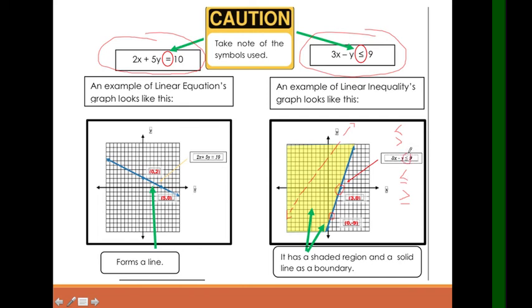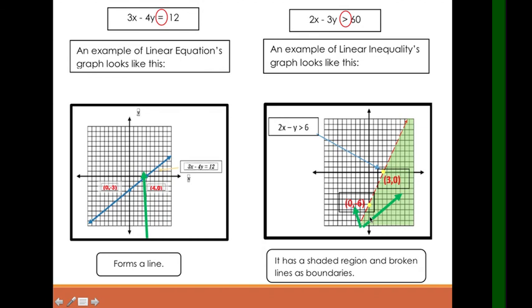Kung nakikita ninyo, doon sa ating symbol. Okay. And finally, shaded yung kanyang region. Since ang ating given dito ay less than or equal to 9, less than, ibig sabihin, going to the left. So, yung kanyang shaded is going to the left. Pag greater than, going to the right ang kanyang shaded part. So, yun ang pinagkaiba ng linear equation and linear inequality.